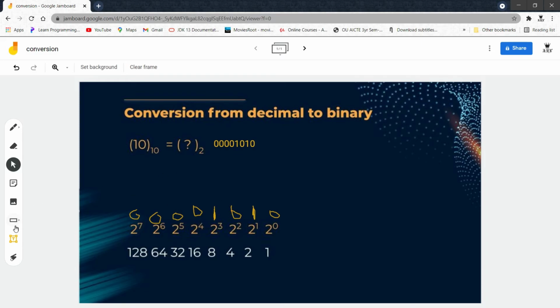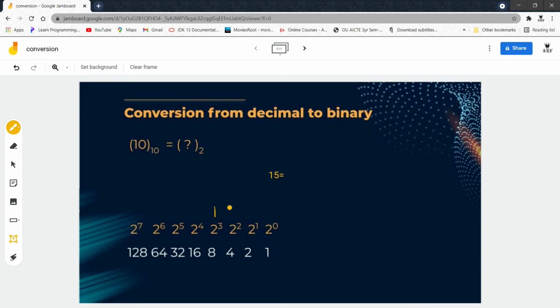Let's have another example. Let's this time convert 15 into binary. Let's first clear the frame, and we need to convert 15. So the closest number to 15 and lesser than 15 is 8. So we will write first 1 on 8, and after we subtract 8 from 15, we are left with 7.